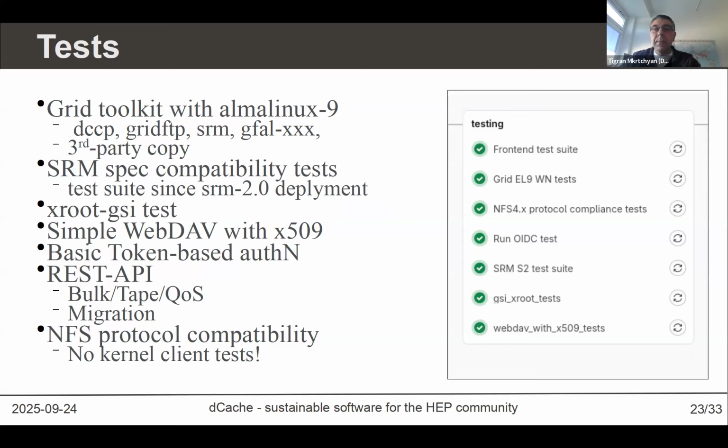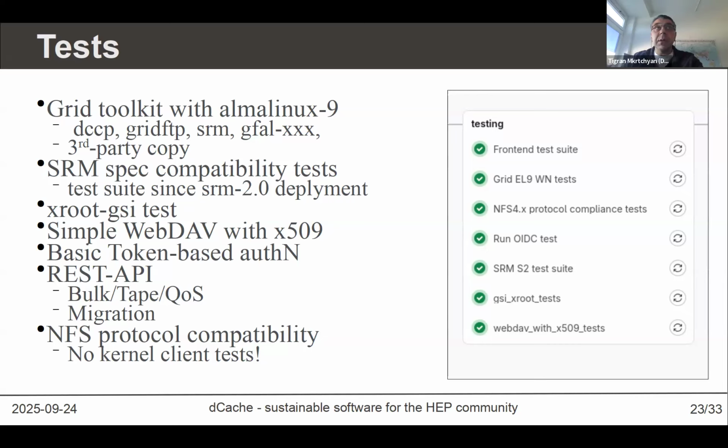So on the testing side, we test as much as we can. Some tests come from early days. For example, this S2 SRM compatibility test was developed around 2006, 2007, and was used during the SRM deployment. Other tests are added as needed, when we start to work with tokens.